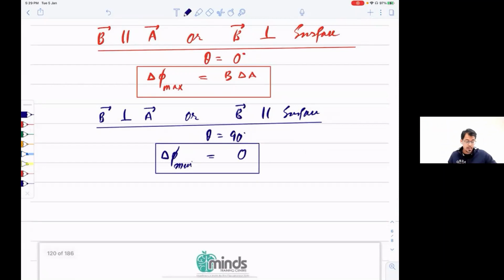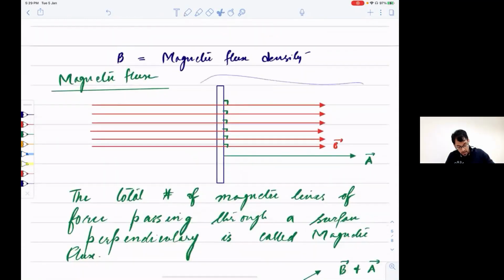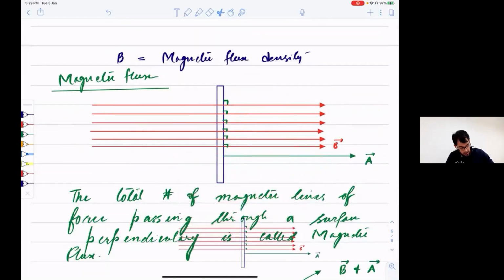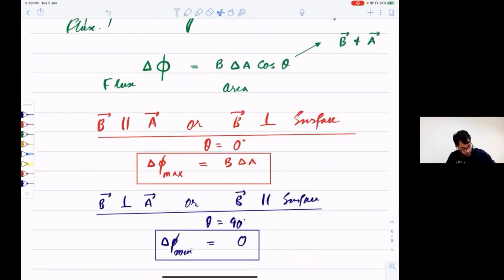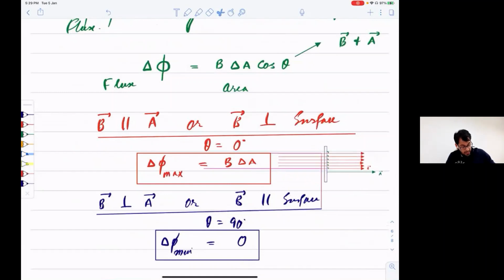If any one of you is unable to visualize this thing, let me do just one thing. So this is the case where they are perpendicular.